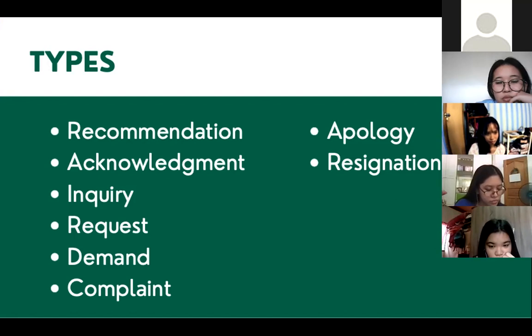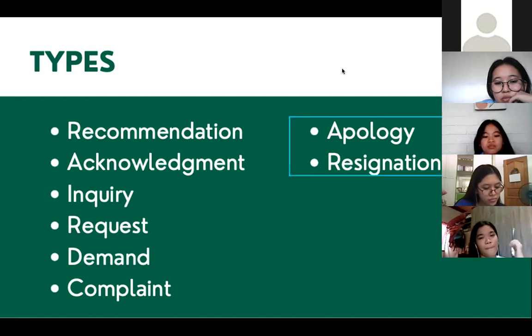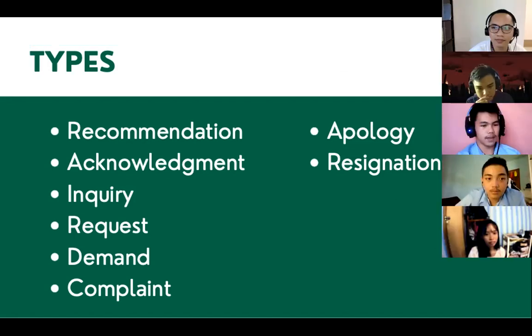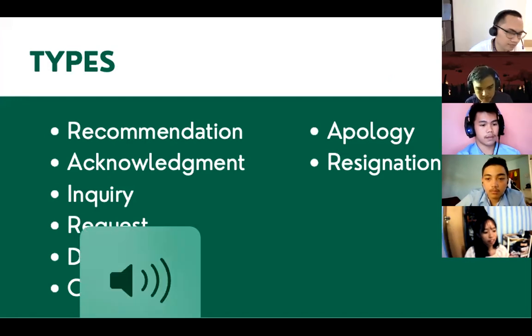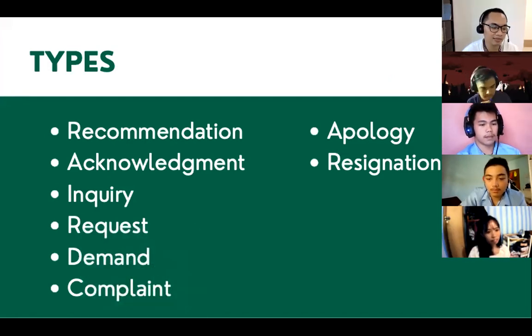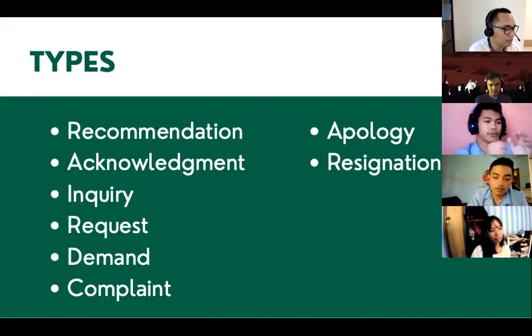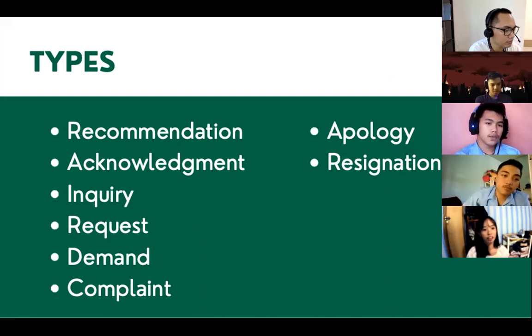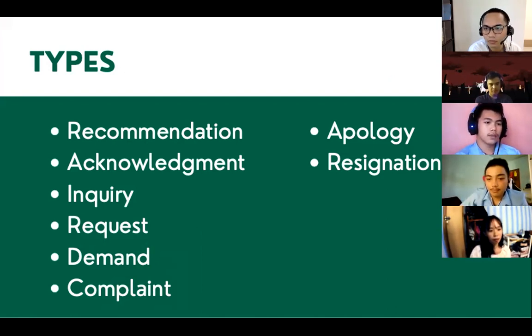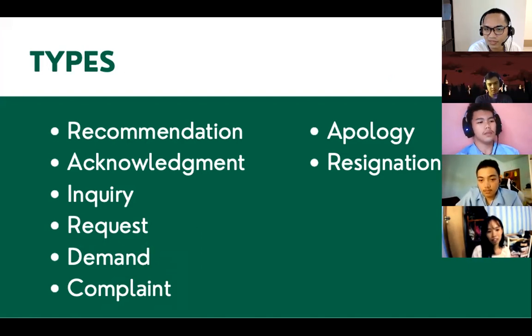A demand letter is a formal letter sent from one party to another party to resolve a problem. For example, sir, I borrowed 1 million from a certain person.